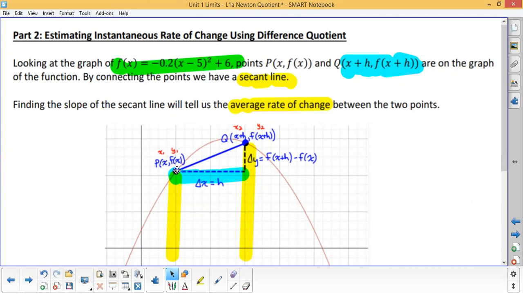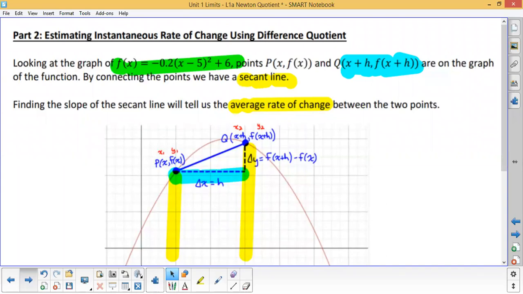So between this point x and the next point on the curve where we've drawn a secant line through those 2 points, we're labeling our x coordinate x plus h and our y f of x plus h. This is how we're going to describe the average rate of change between those 2 points, and it's going to help us develop our formula.